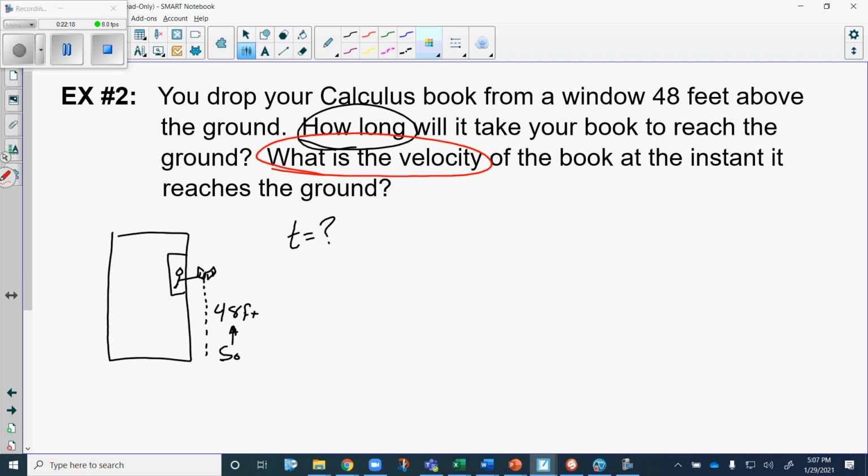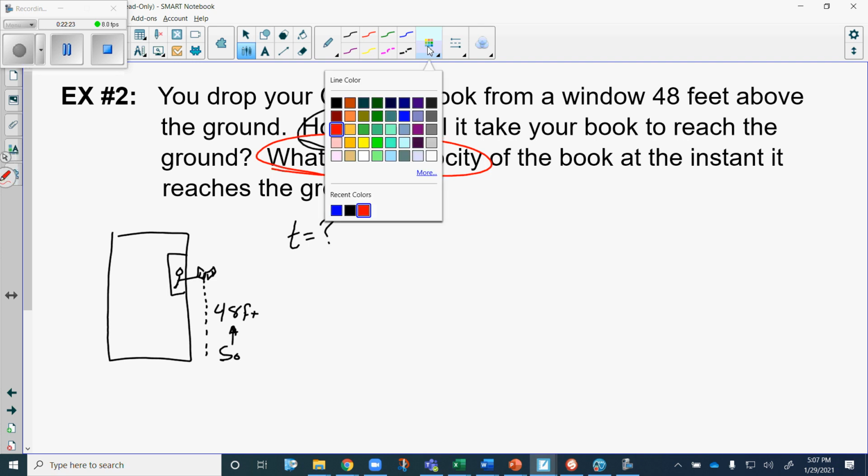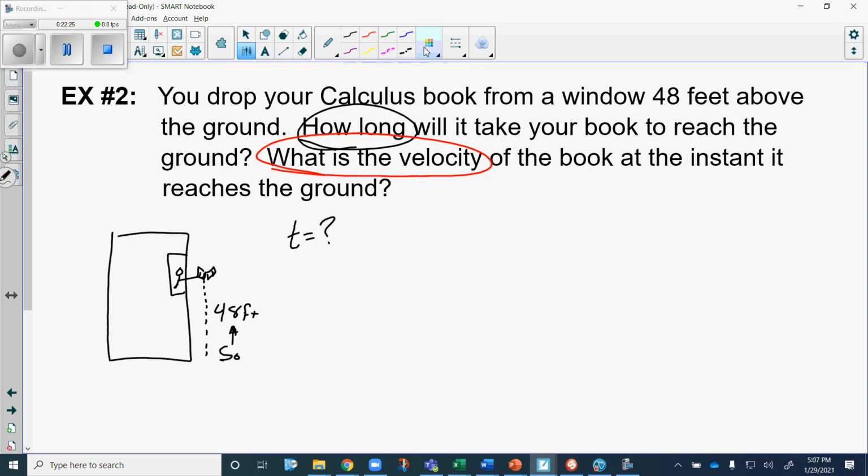So we don't really need to do much calculus-wise to figure out how long it takes to hit the ground, but the time is going to be useful for the velocity.